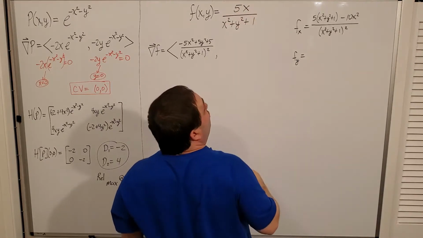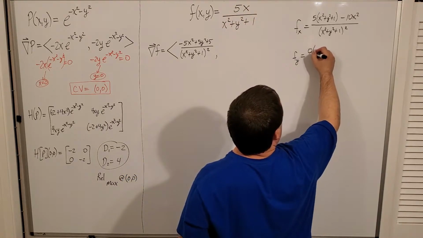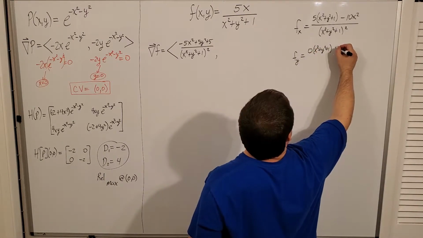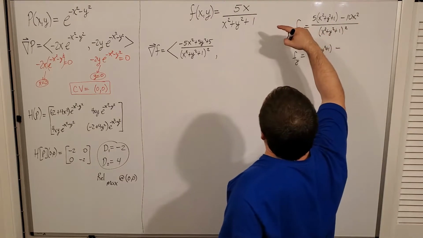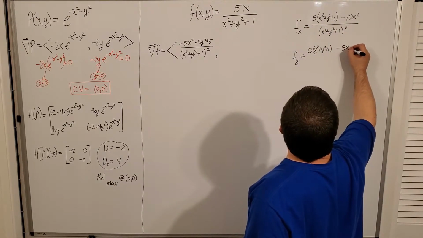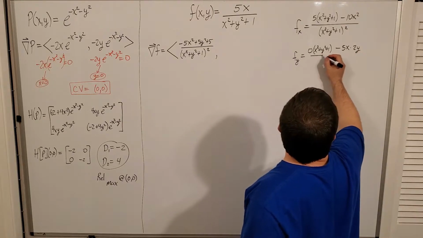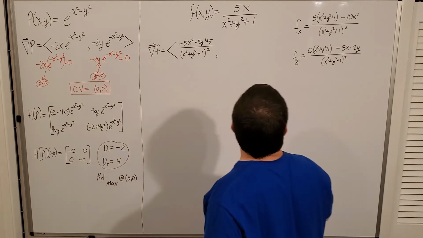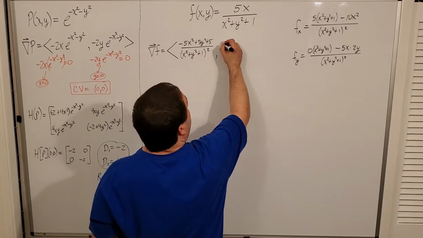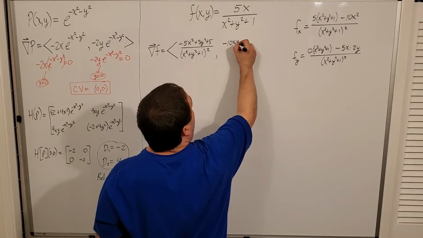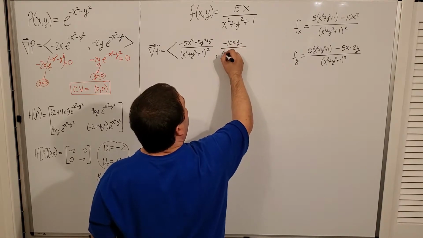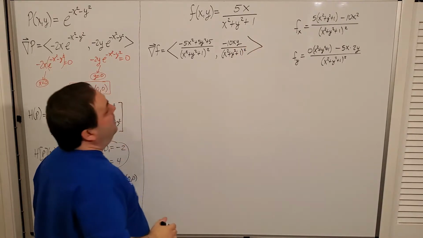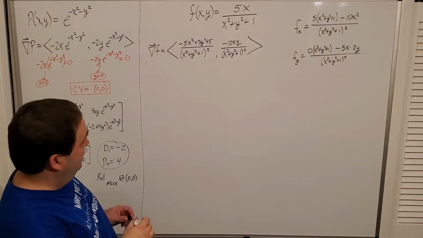There's no y's in the numerator. So I'm going to have 0 times that piece, or you could have done it with a negative exponent. And then minus, I've got the 5x times 2y from the bottom. And then, of course, the denominator squared, right? So I'm ending up with negative 10xy over x squared plus y squared plus 1, squared. And there's my gradient for this guy. Okay?